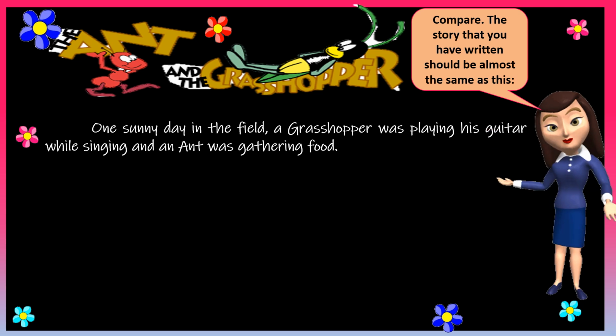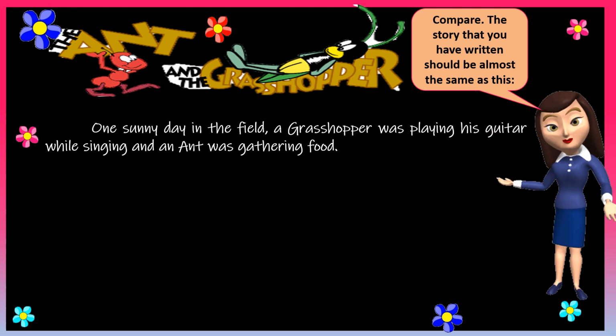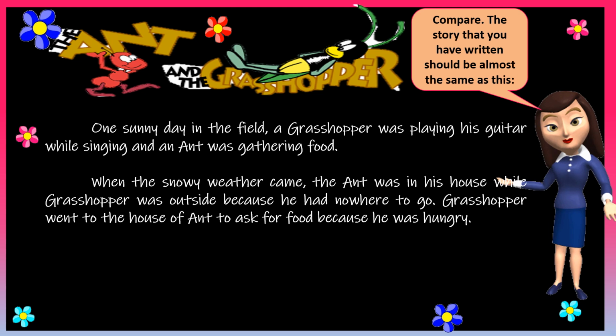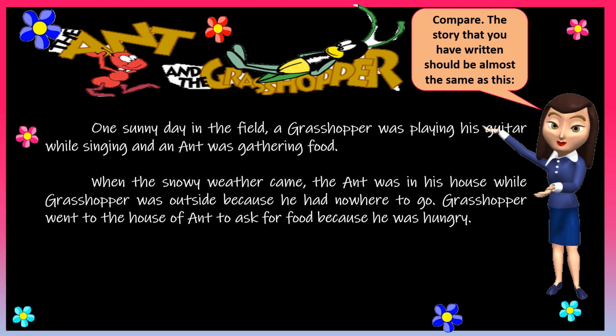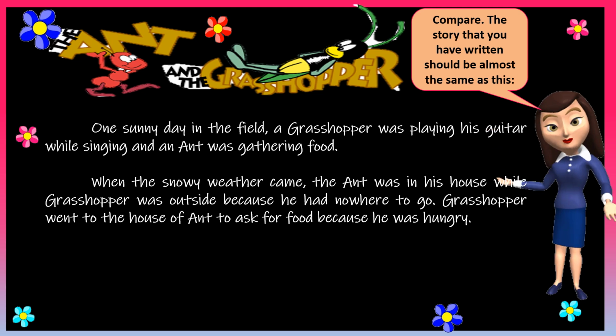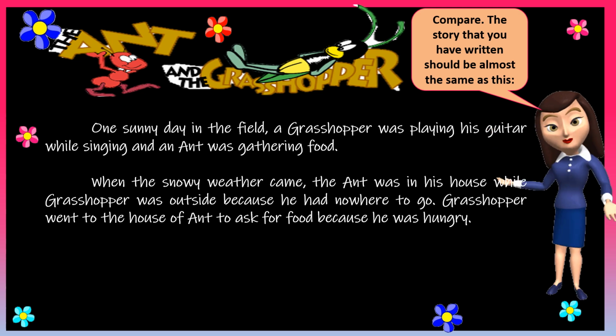One sunny day, in the field, a grasshopper was playing his guitar while singing, and an ant was gathering food. When the snowy weather came, the ant was in his house, while Grasshopper was outside because he had nowhere to go. Grasshopper went to the house of Ant to ask for food because he was hungry.